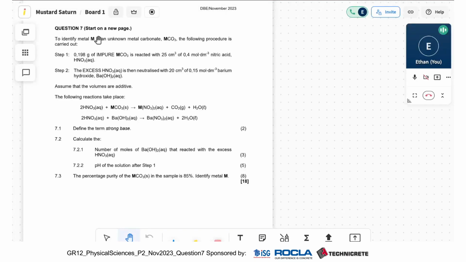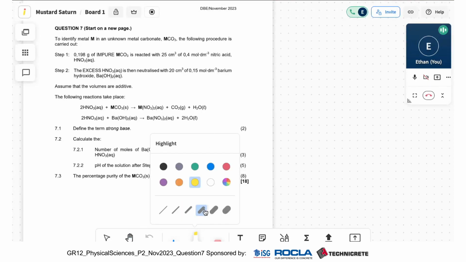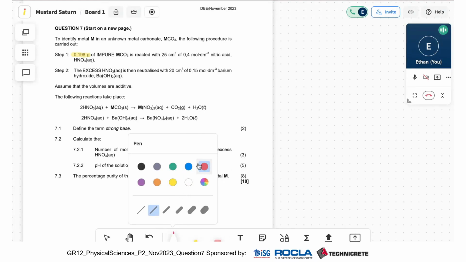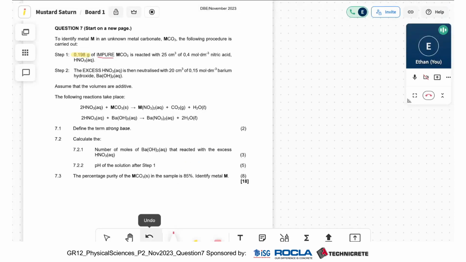To identify metal M in an unknown metal carbonate, the following procedure is carried out. So first, let's just highlight the important information. 0.198 grams of impure, and this is very important that this is impure, MCO3.